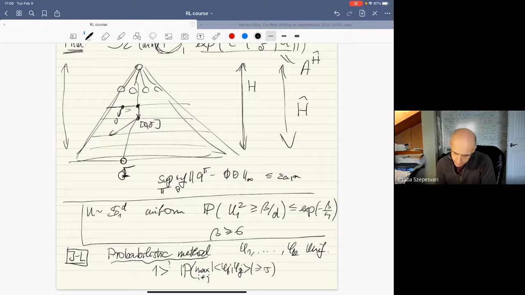And now to show this, you can just use a union bound. So what's the probability that any of them is greater than tau? Well, that probability can be upper bounded by the sum of the individual probabilities, and there are d times (d minus 1) over 2 of these. And then there is symmetry.